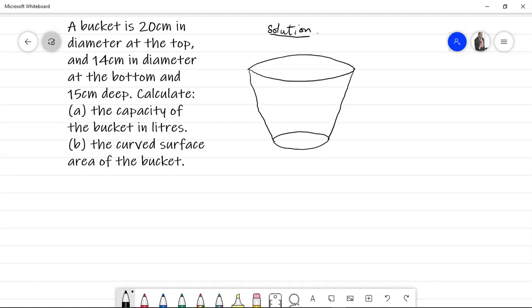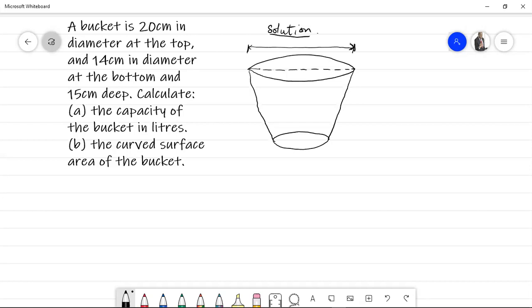Now this bucket is 20 centimeters in diameter at the top. So that simply means from here, diameter at the top, up to this place is given as 20 centimeters. I can easily come out of the shape to show that so that I don't make the shape too congested with my diagrams.